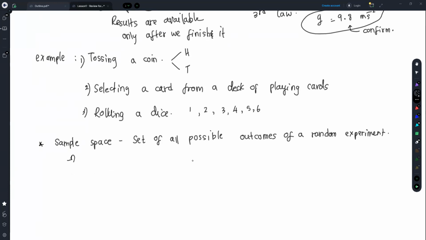We usually denote it using omega. So what is the omega for the first, second, and third random experiment? It should be in set notation.